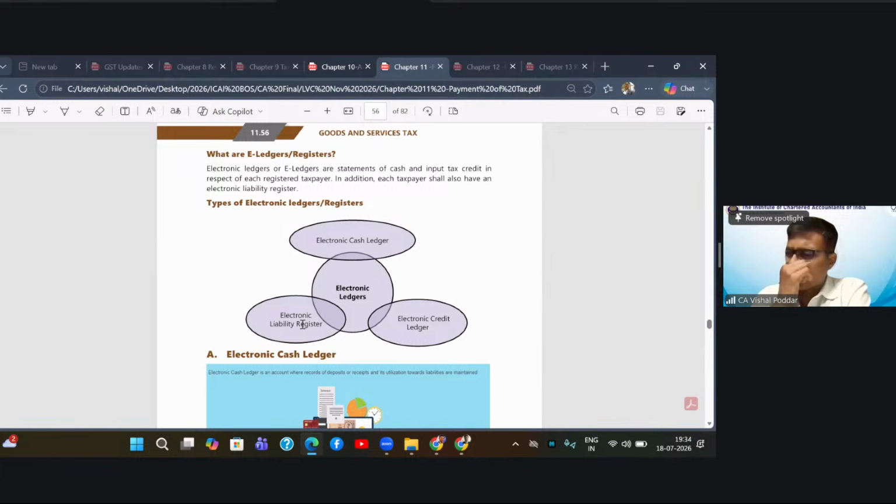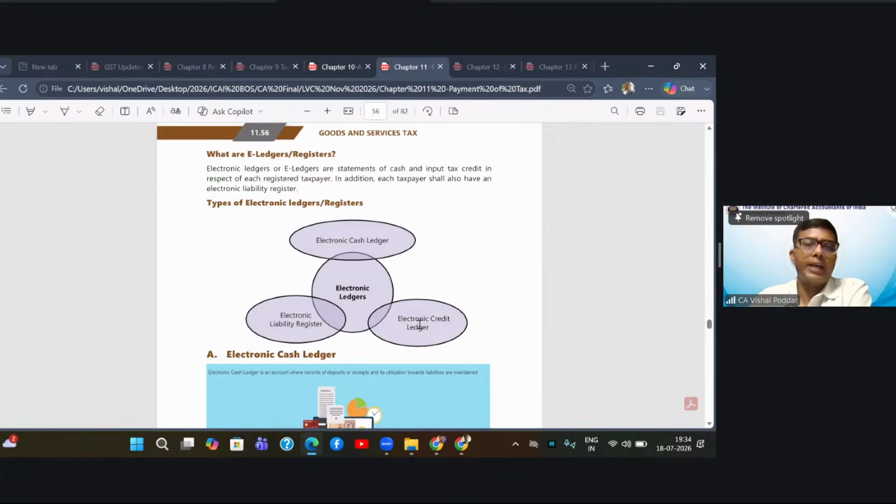So in your electronic liability register, you will see your output liability of every month, which will be on your outward supplies plus RCM. Similarly, whatever credit you have received every month, you can see in your electronic credit ledger. In your ITC ledger, whatever is the eligible ITC as per sections 16, 17, 18, is shown.